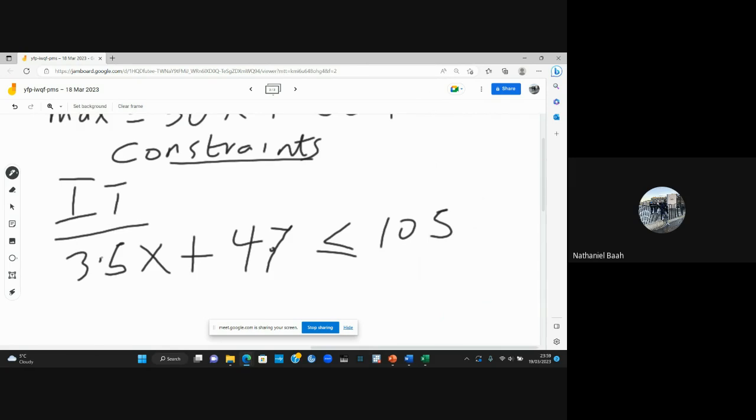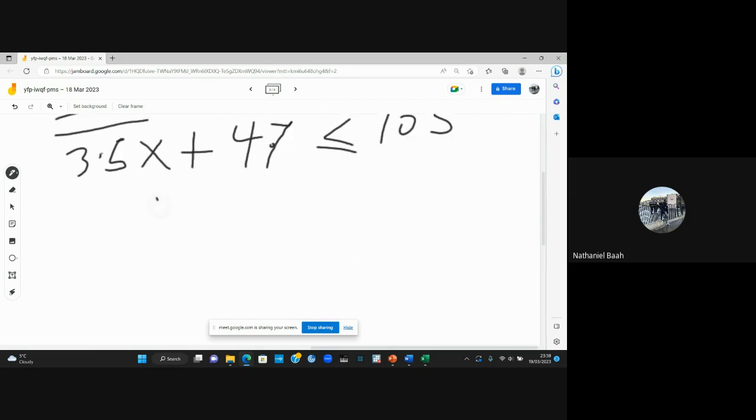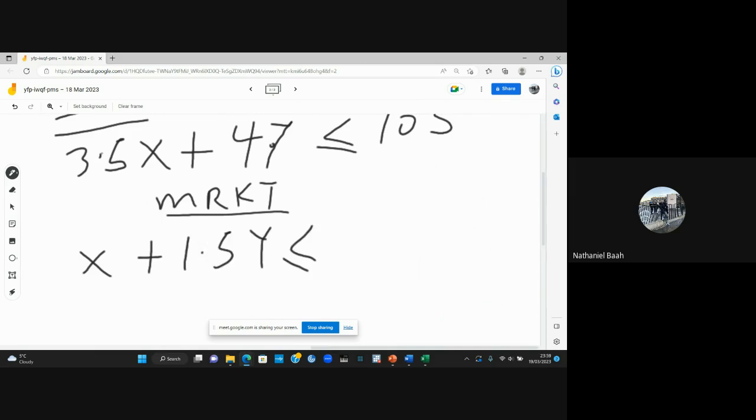Good. Then in the marketing department, we had x plus 1.5y should be less than or equal to 28. Good.